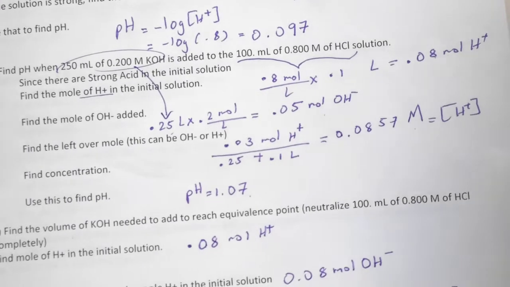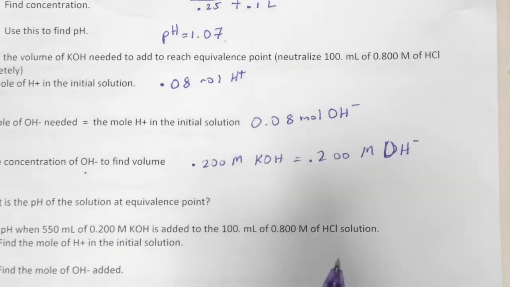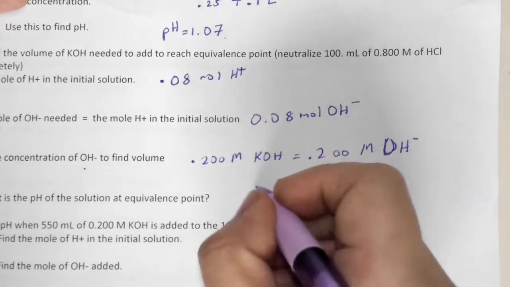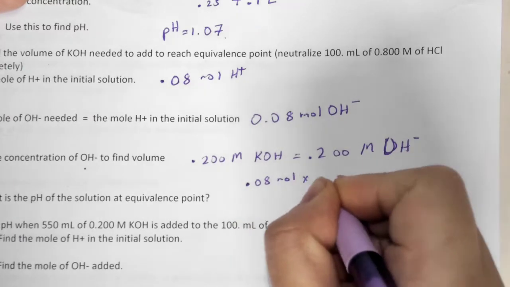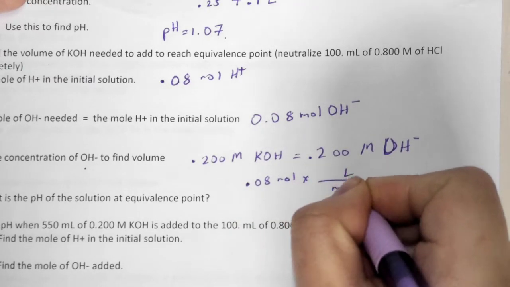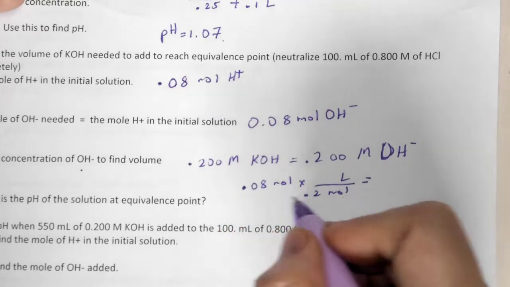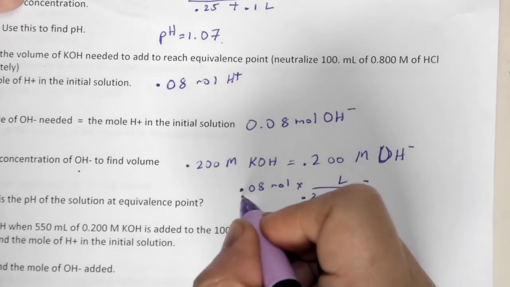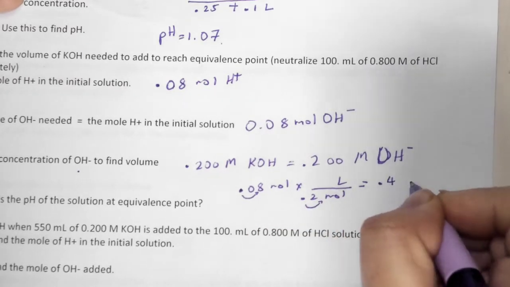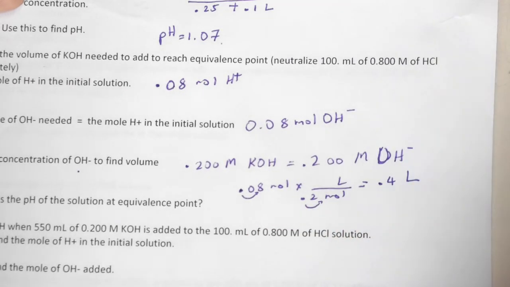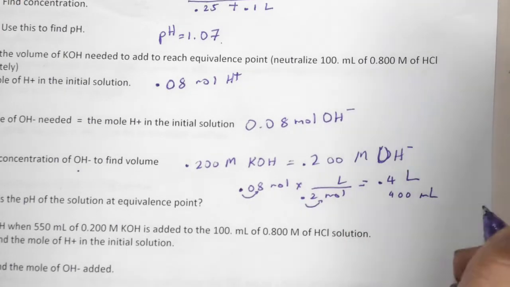Molarity is mole per liter, so 0.08 mole times liter over 0.2 mole. You can actually do this without a calculator. Move one over, move one over. So 0.8 divided by 2 is 0.4 liter, or you can say 400 milliliters.